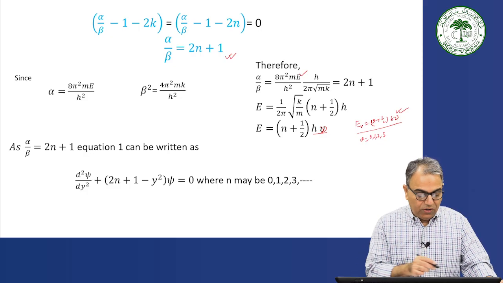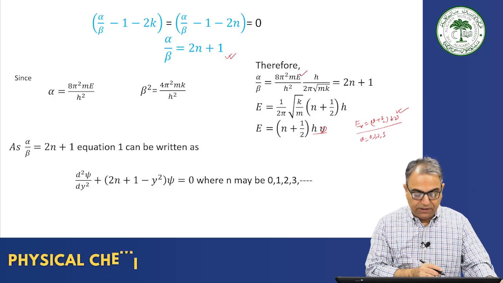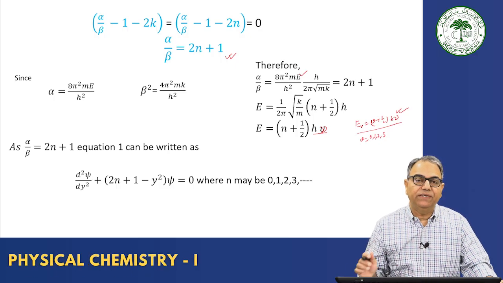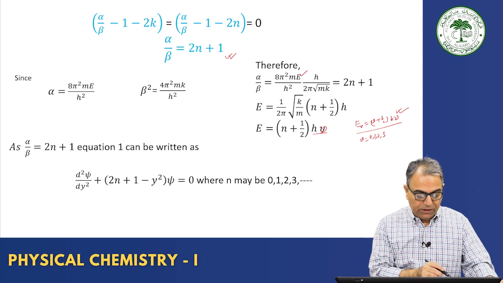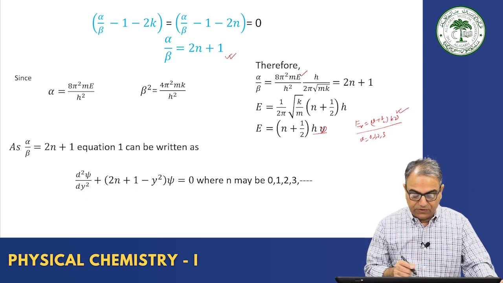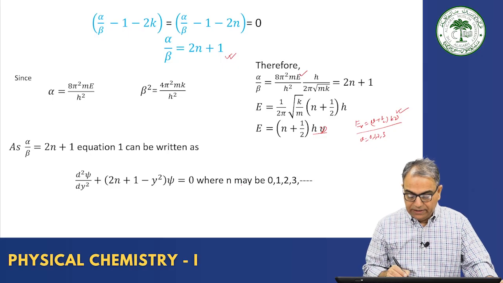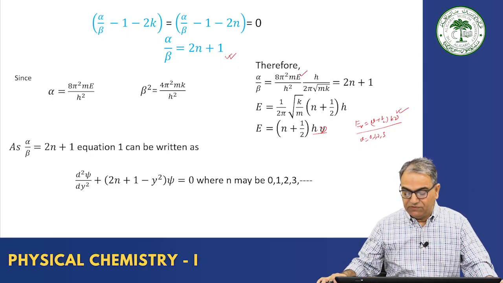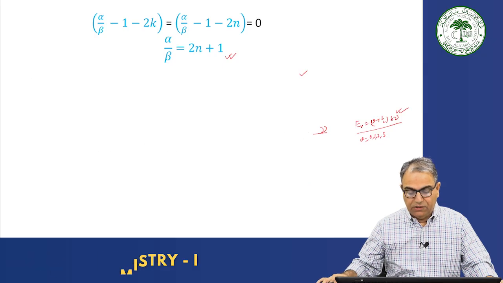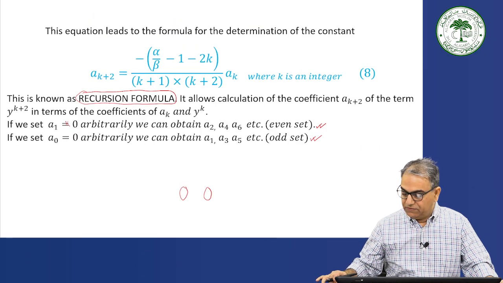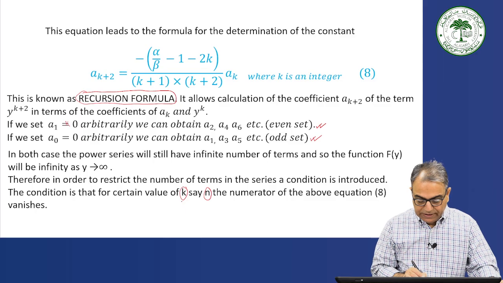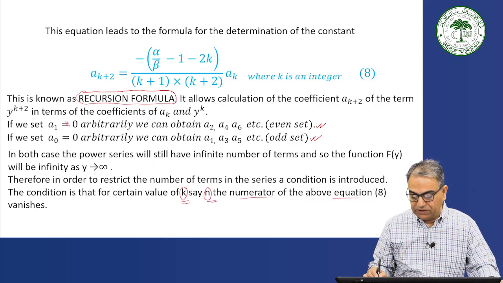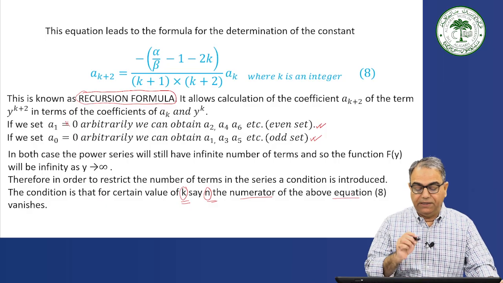If you put this value of alpha divided by beta is equal to 2n plus 1 in your equation number 1 from which we started, okay, then what do you get? d square psi by dy square plus (2n plus 1 minus y square) psi is equal to 0, where n could be 0, 1, 2, 3, because n does not have any limit. The n comes from the k value at which the numerator of the above equation vanishes. Okay. What does it mean?